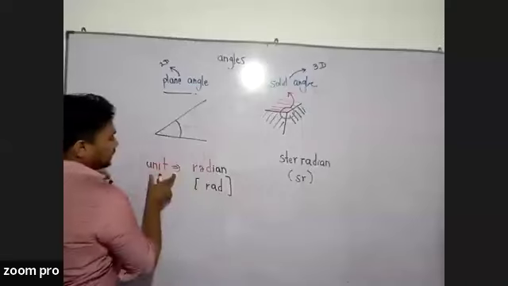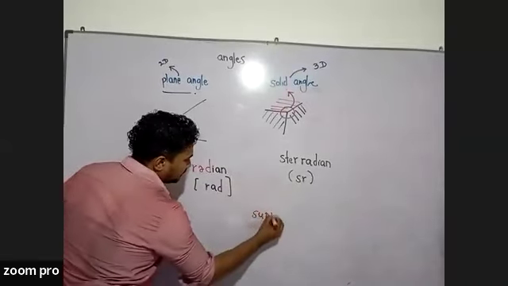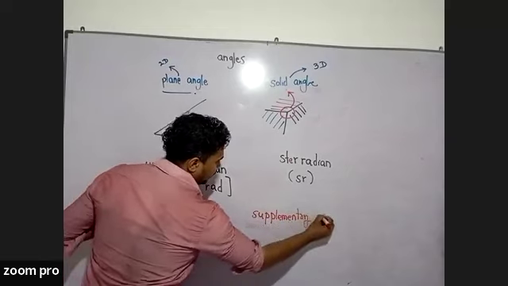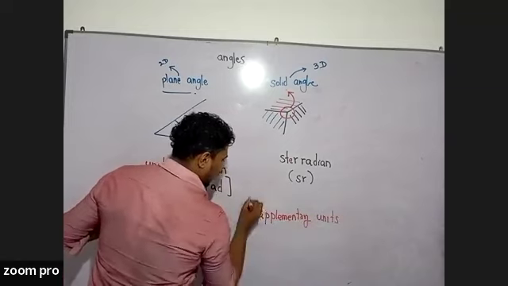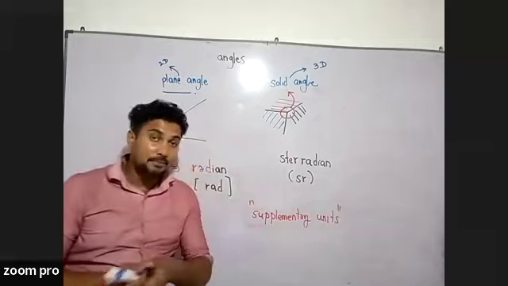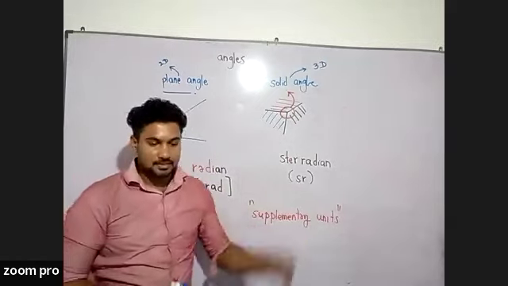So these units are considered as supplementary units. The purpose of these units is basically to measure angles.